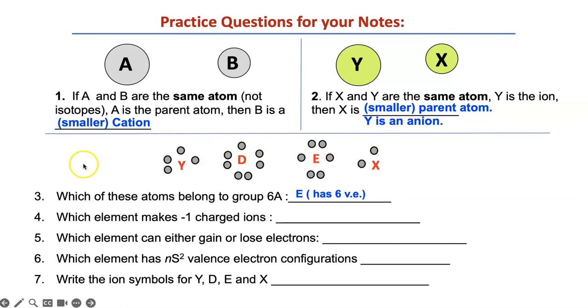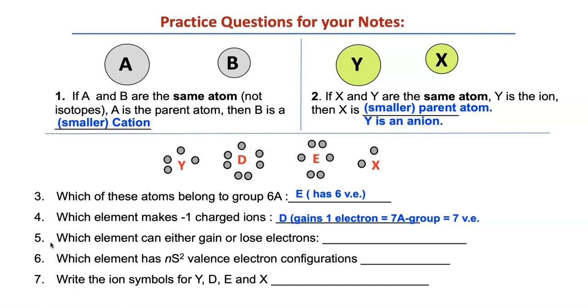And then question 4 is asking which element makes -1 charged ions. -1 means you gain 1 electron to become an octet, right? You must have 7 electrons then. So it is D. And question 5 is asking which element can either gain or lose electrons when they form ions.